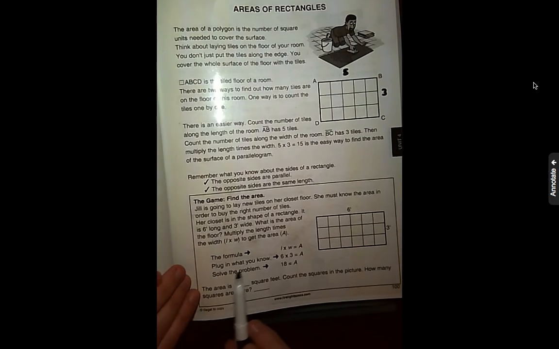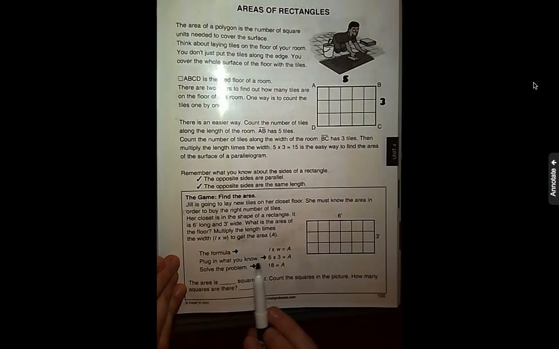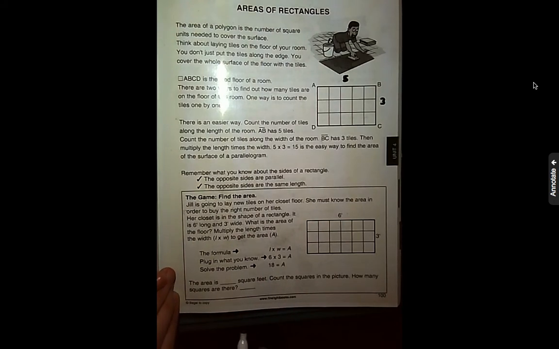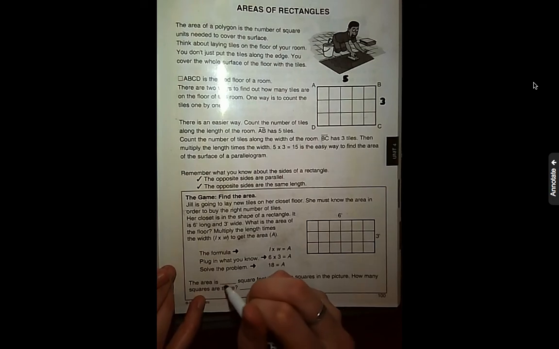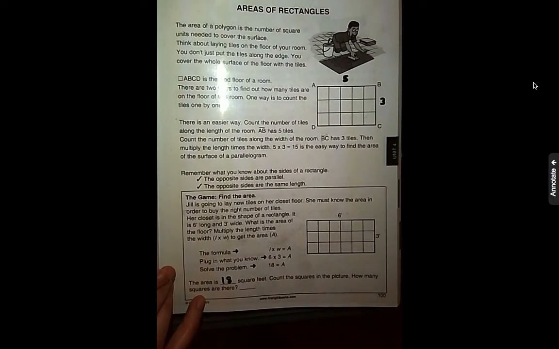So the formula here, we talked about that last time. Length times width equals the area of a rectangle. So plug in what we know. 6 times 3 equals the area. And then we're going to solve the problem. So 6 times 3 equals 18. So 18 is our area of a rectangle. The area is 18 square feet.